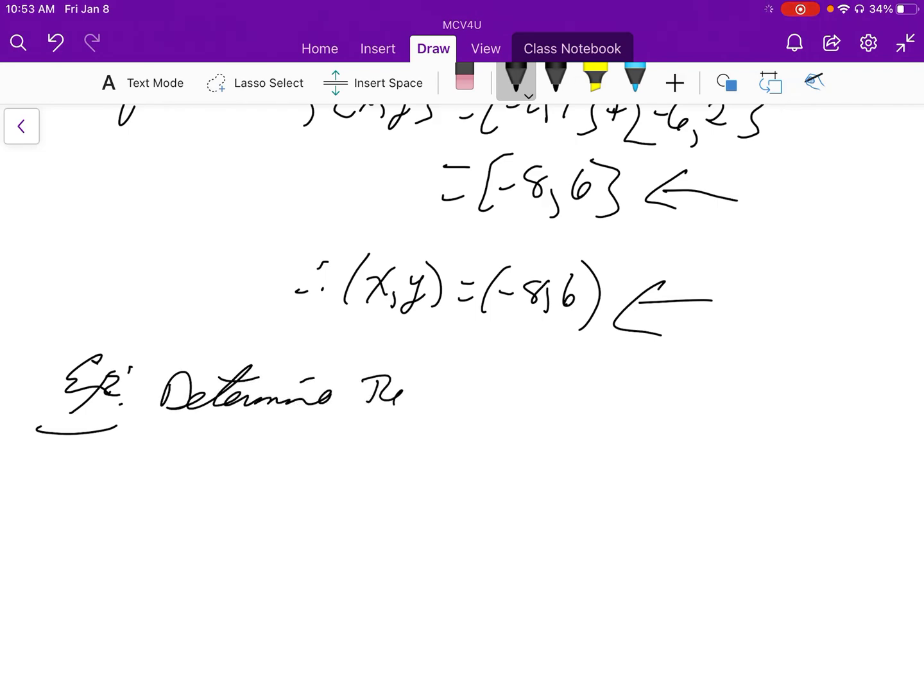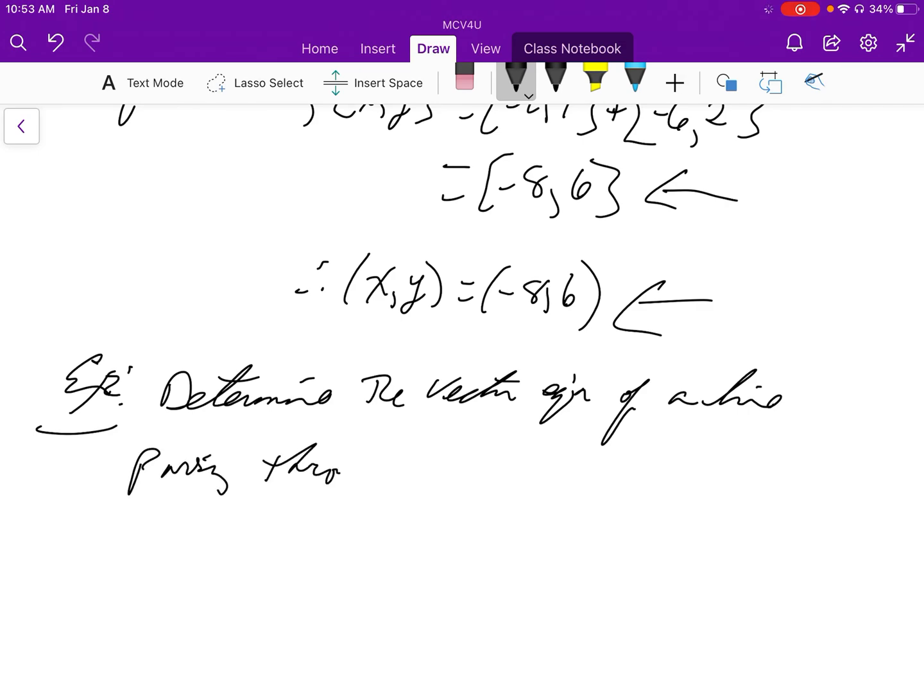Determine the vector equation of a line passing through, we'll say one point is (3, -2), and the other point is (7, 9).